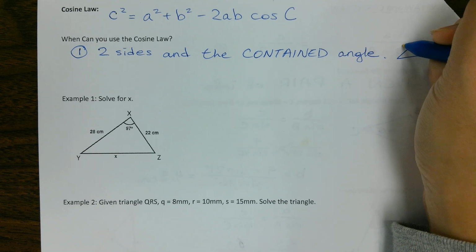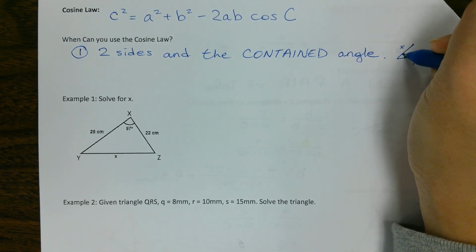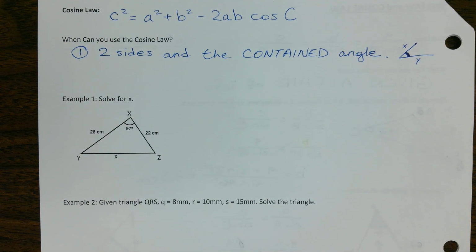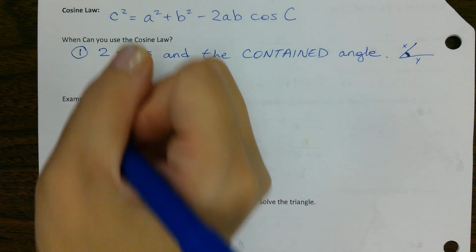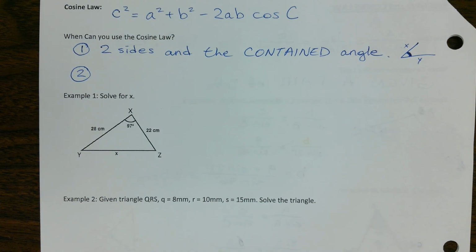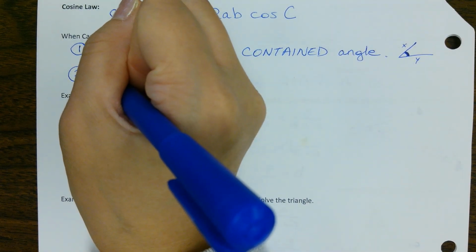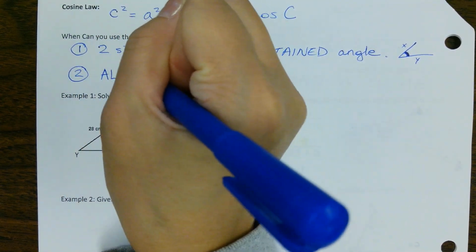So x, y, and this angle. What's the second condition that we could use cosine law? When you're given, not all 3 angles, all 3 sides, right? When you're given all 3 sides.